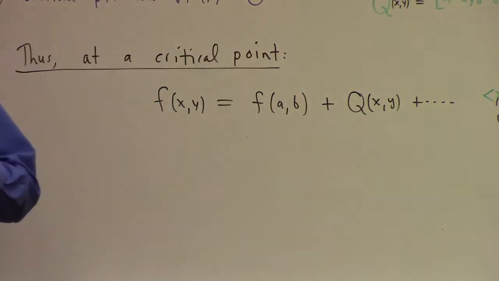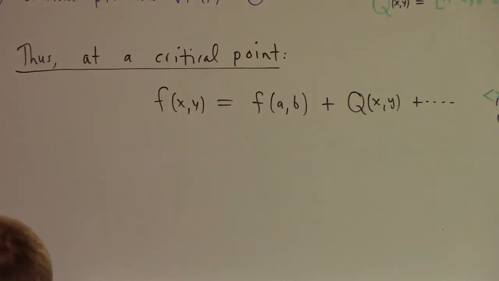Both of those are less than 1: the absolute value of x minus a is less than 1, and the absolute value of y minus b is less than 1. If you're really close to the point, what's the difference? Think about if it's 0.1. 0.1 squared is what?